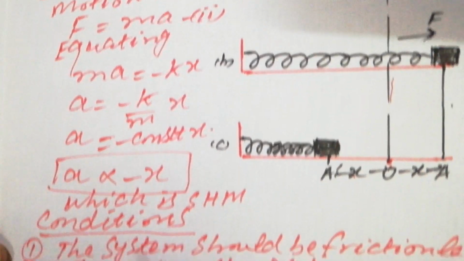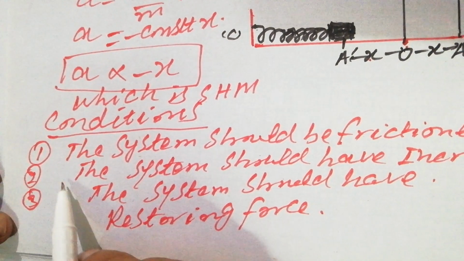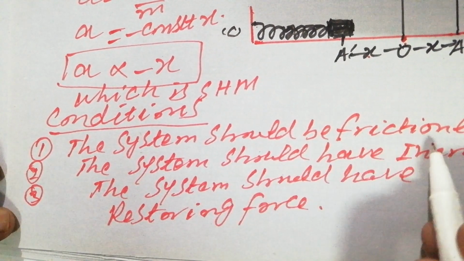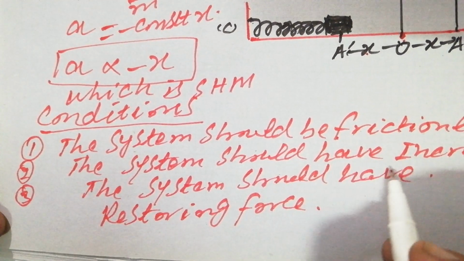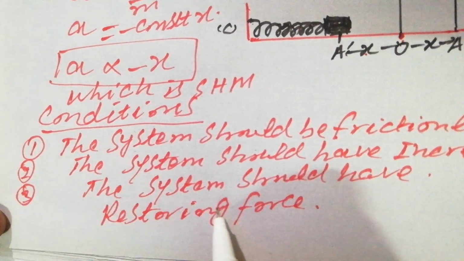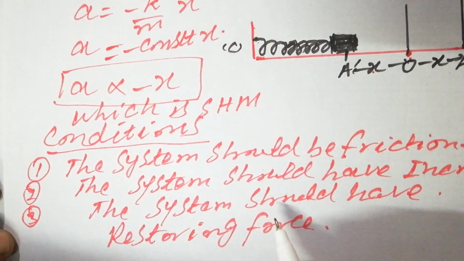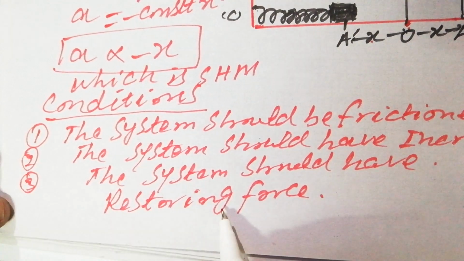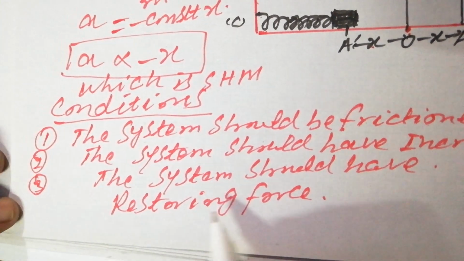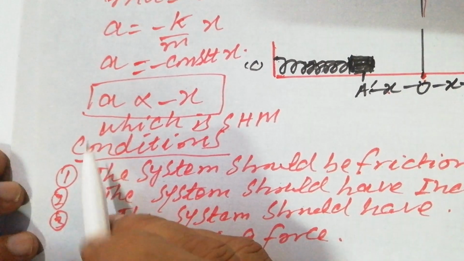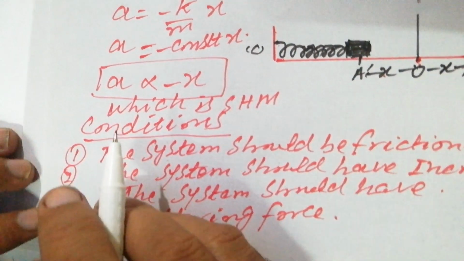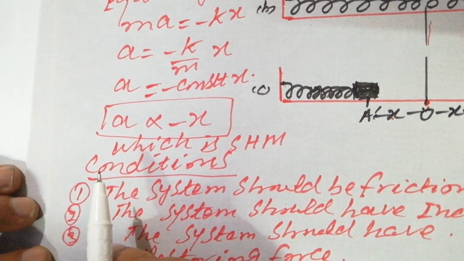There are three conditions. Number 1, the system should be frictionless. Number 2, the system should have inertia. And the third one, the system should have a restoring force.